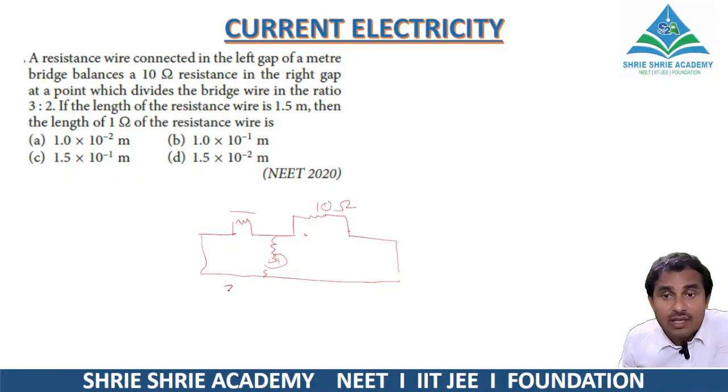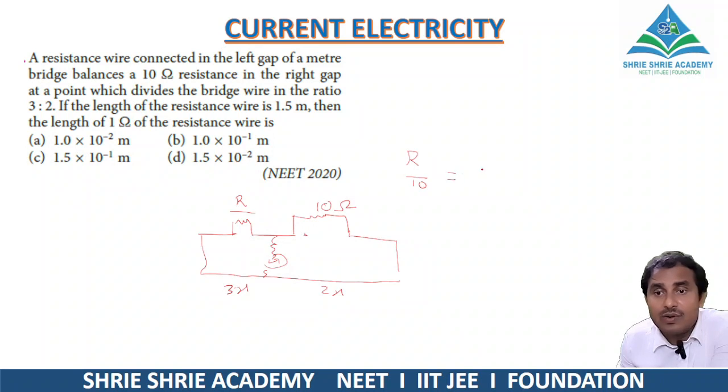So you can say this is 3x and this is 2x, and you don't know this resistance, let us say this is R. So again you will take P by Q, R by 10 is equal to 3x by 2x. From this, the unknown resistance R is equal to 15 ohm. So x will get cancelled, 30 by 2.